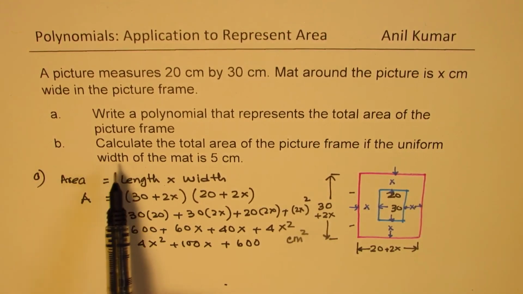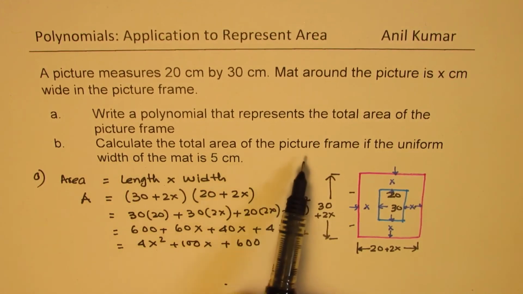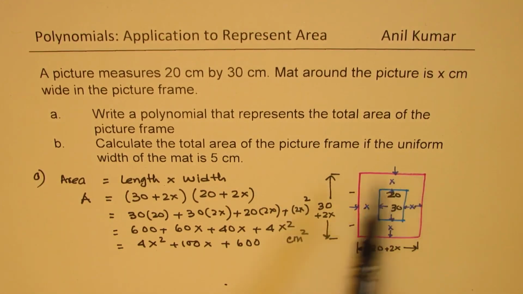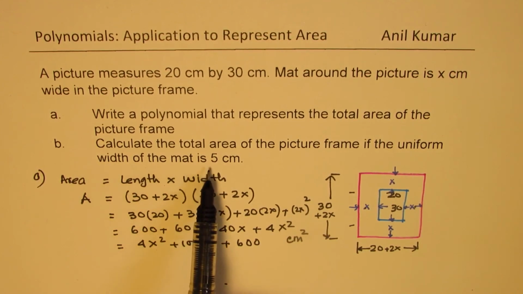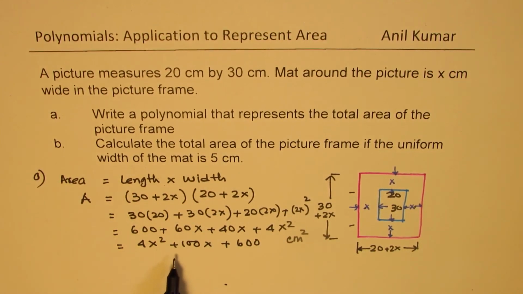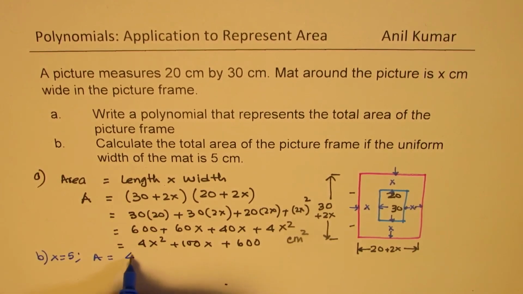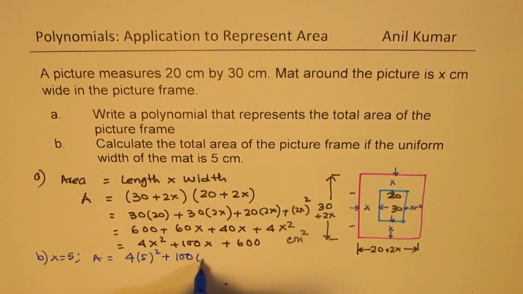Part B. Calculate the total area of the picture frame with the width as 5 centimeters. So now we can write 5 centimeters for x and calculate, right? So let's figure this out. Part B, is if x equals to 5, in that case area will be 4 times 5 square plus 100 times 5 plus 600.